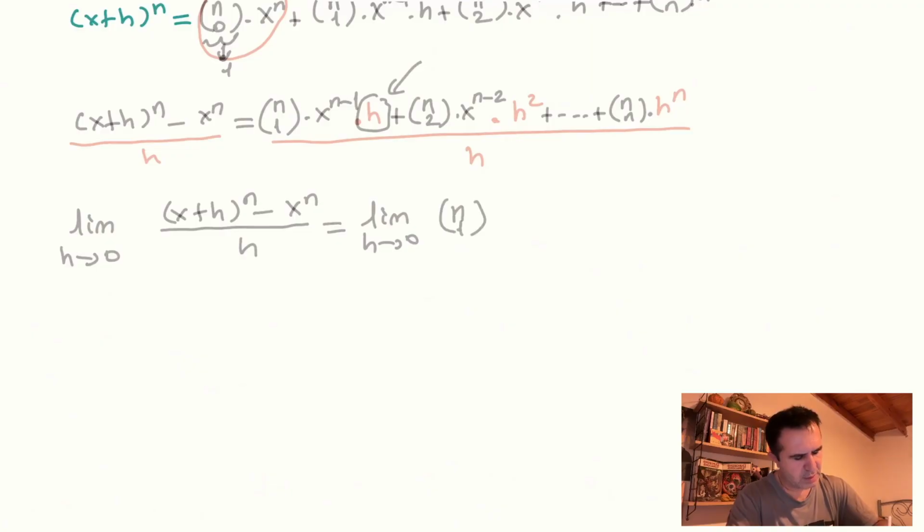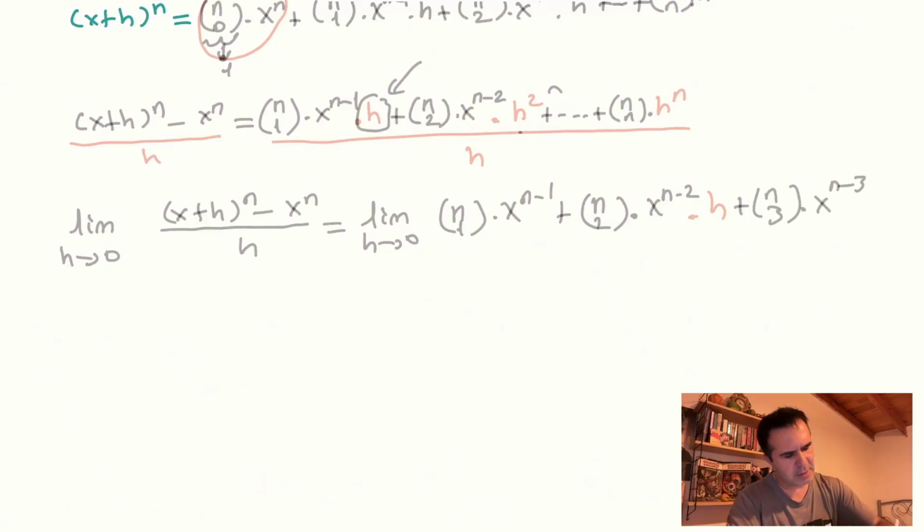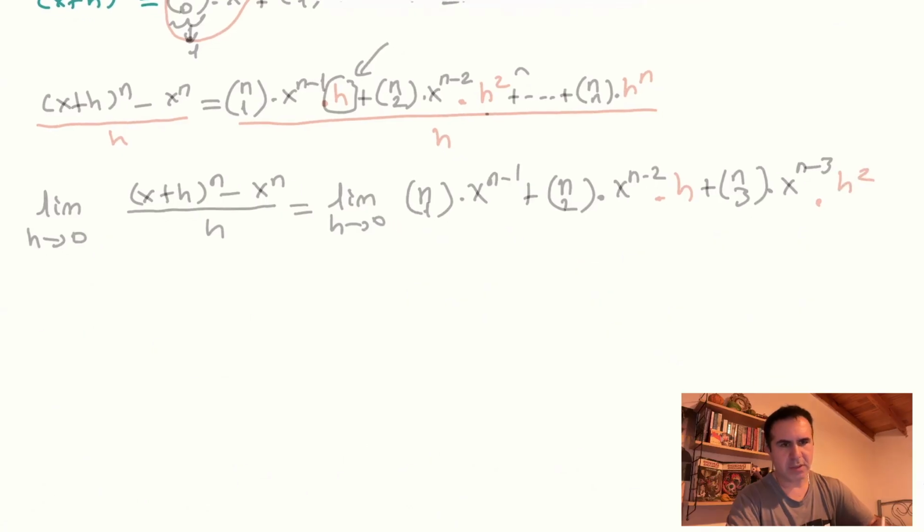N choose 1 times x to the n minus 1, plus n choose 2 times x to the n minus 2 times h, plus the other term will be n choose 3 times x to the n minus 3 times h square, and all the other terms will have h square, h cube, etc. The last term is n choose n times h to the power of n minus 1.